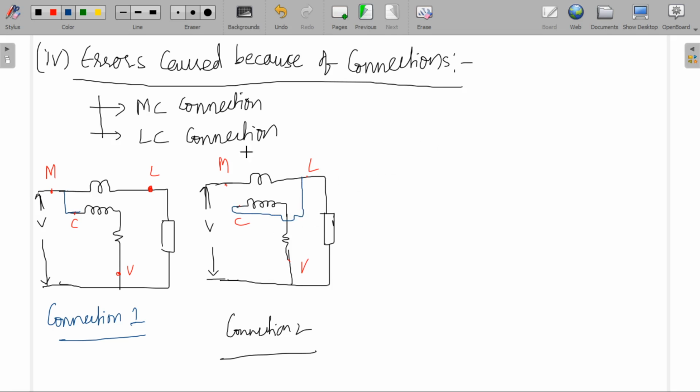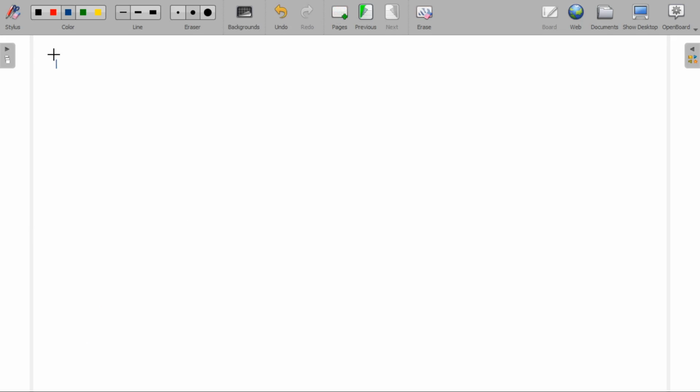First we will look into connection 1, which is the MC connection.